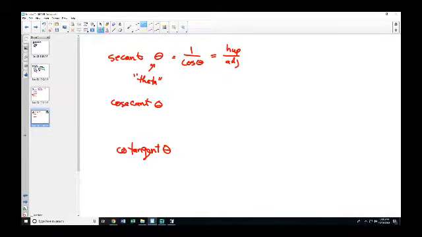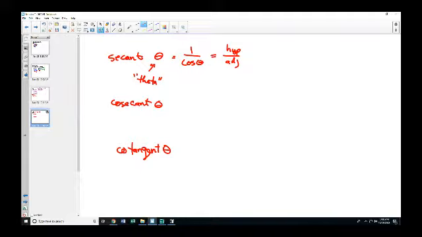You can also think of it as the reciprocal of cosine, hypotenuse over adjacent. Cosine is adjacent over hypotenuse. Cosecant, can you think of what it might be?